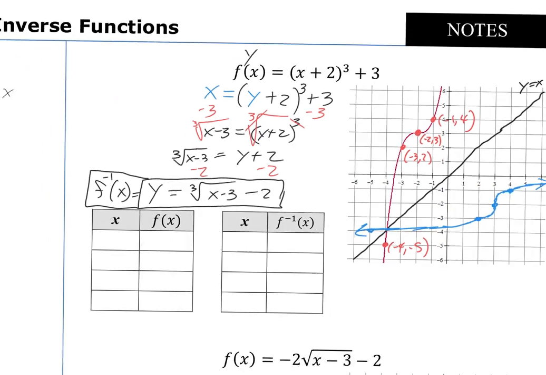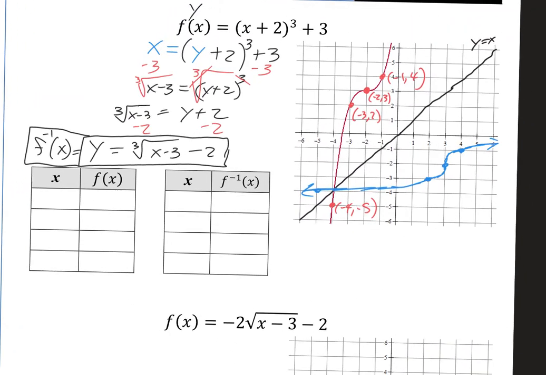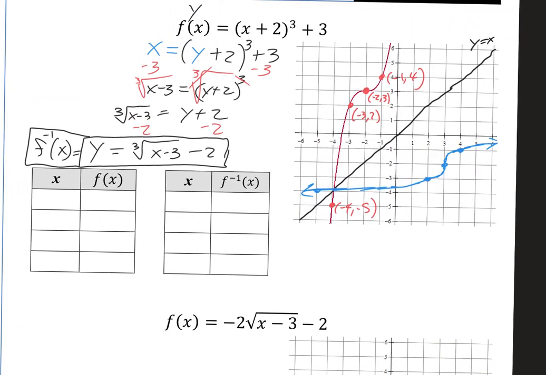That's it. Let's think about what that means for these points. Maybe I should have done this first. We knew that we had the points negative 1, 4, negative 2, 3, negative 3, 2, negative 4, negative 5. And when I went to write the inverse, all I had to do was flip them. Literally flip the x and the y.